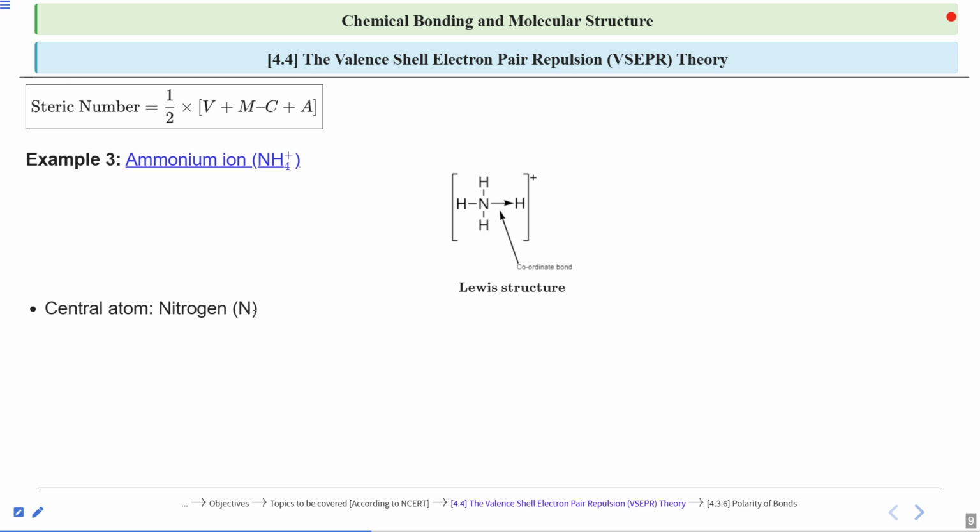Now since your central atom is nitrogen, what will be the number of valence electrons? It would be 5. Okay. Then what is the number of monovalent atoms? Your hydrogen needs 1 electron, so it has a valency of 1. Therefore, we can keep it under the number of monovalent atoms.